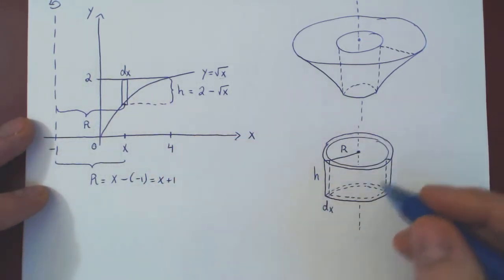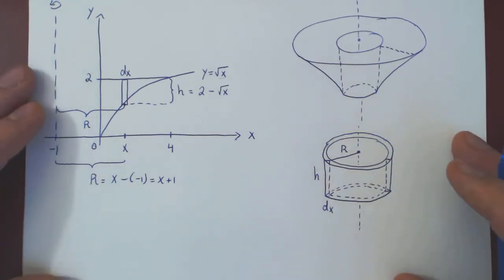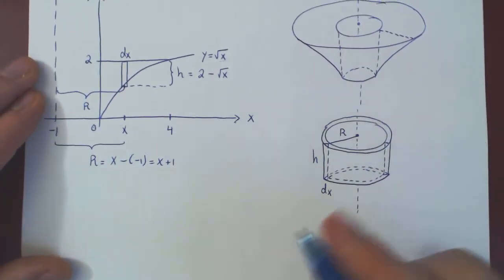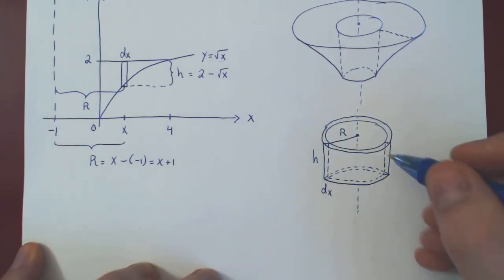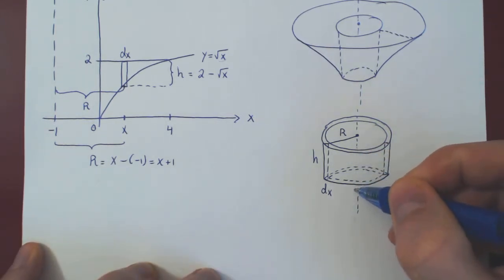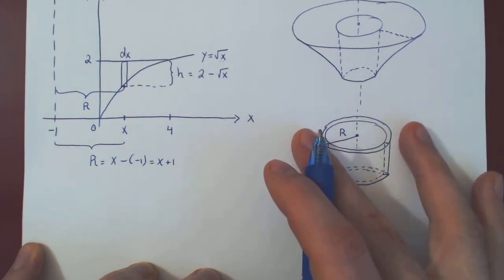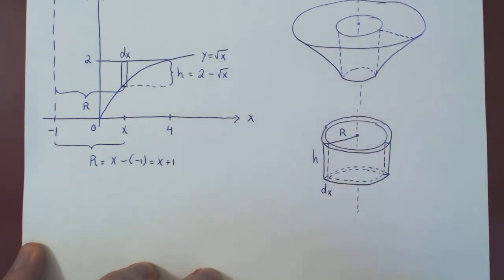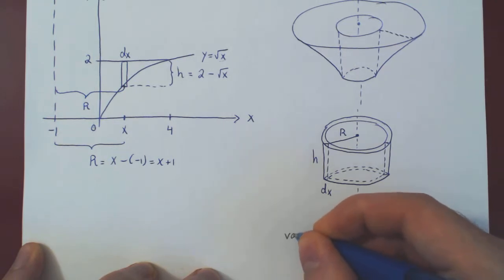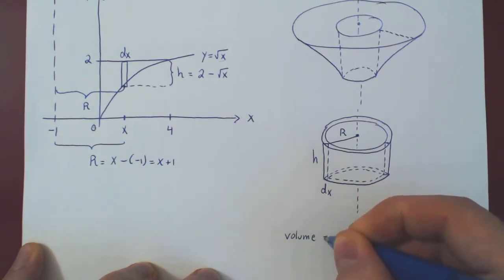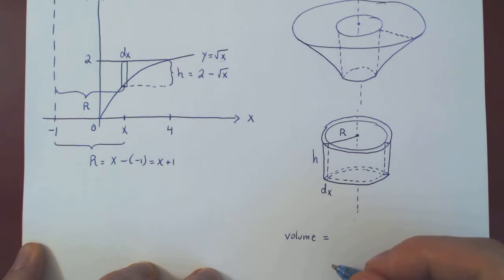So now we have all the measurements in terms of x, and we can find the volume of our cylindrical shell. If you remember, the trick was simply to cut through one side of the shell open, and then you flatten it out against the page, and by doing so, the cylindrical shell becomes a rectangle. And the volume is obtained by finding the area of the rectangle times the thickness.